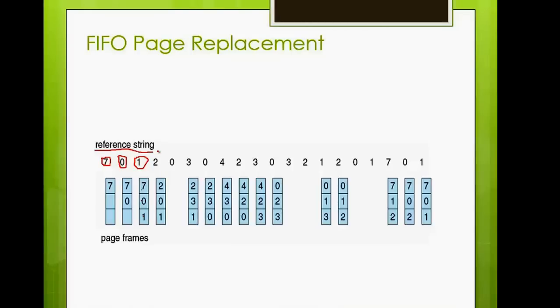And according to FIFO policy, whichever page came first is going to be replaced by 2, that is 7. You can clearly see here that 7 is the one which came before 0 and 1, so 7 will be replaced, and the new frame is 2, 0, 1.